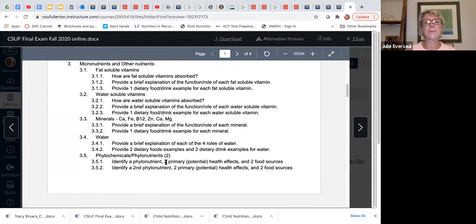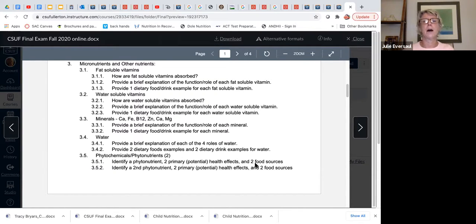All right, phytochemicals, folks. What you're really doing here is 3.1 and 3.2, 5, 1 and 2. I just want two different examples of phytonutrients. So you're going to go to your list, find one, tell me two potentially primary healthful effects, and then give two food sources that you could include those phytonutrients in your diet.